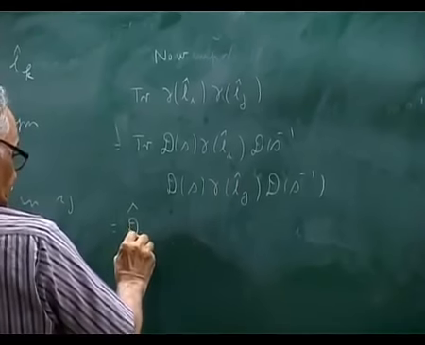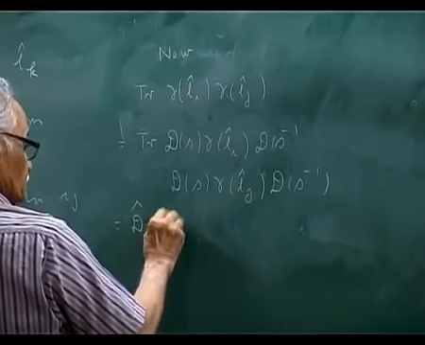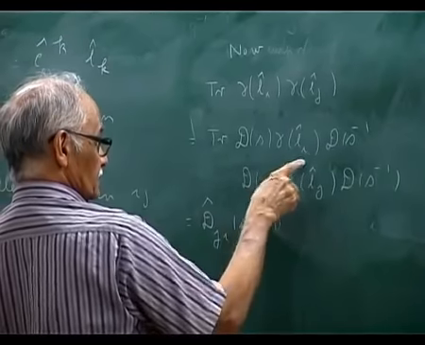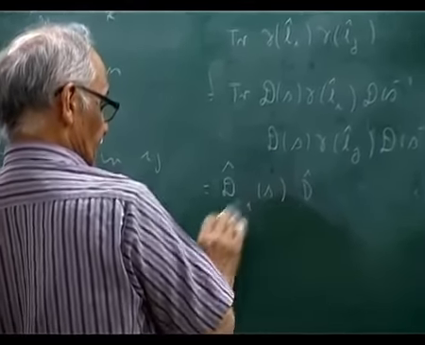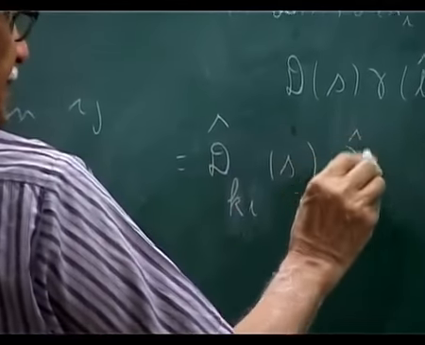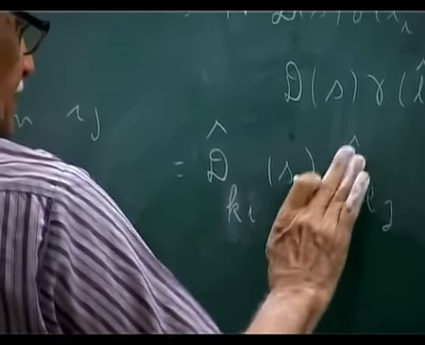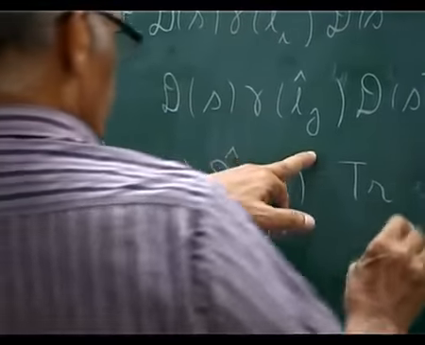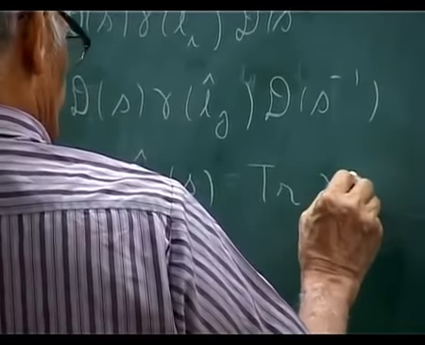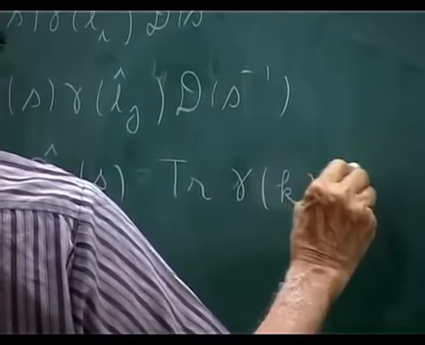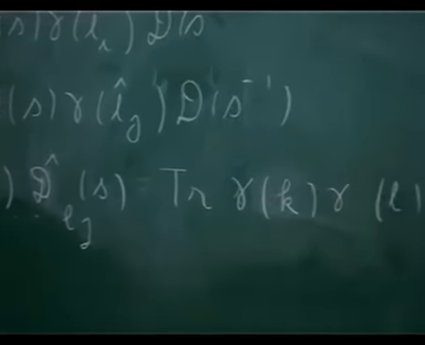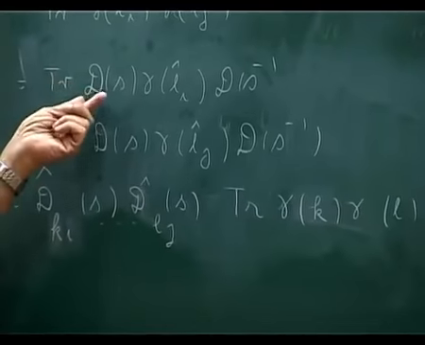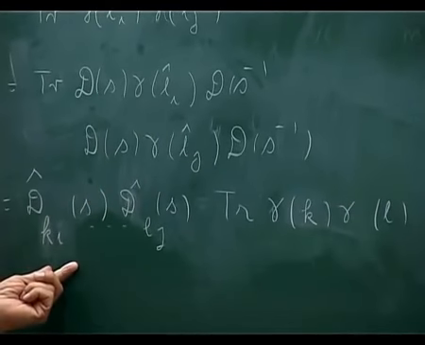So it will be Ji of s, d hat of ji, and here I should write lj script of s times trace of gamma of k gamma of l, where this is a group element but is actually by conjugation. So I look at the matrix of D in this basis, that is by definition this.